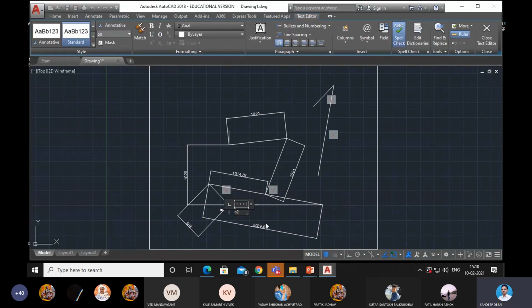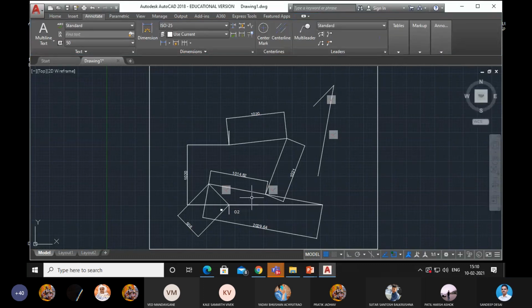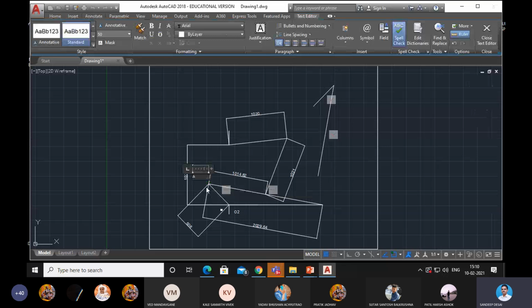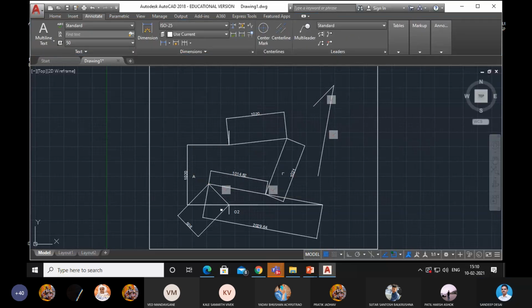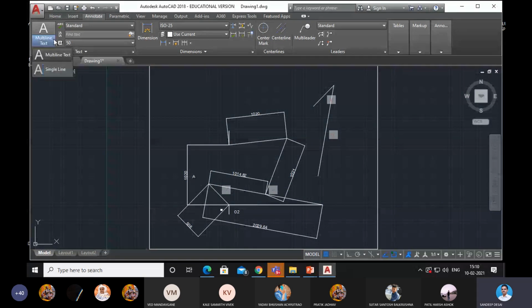This is O2. This one is A. नावं तरी कंप्लीट करूया आज. Rest of the part will see in the next lecture.